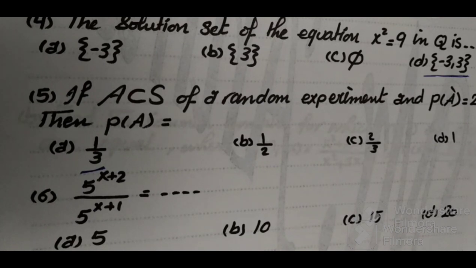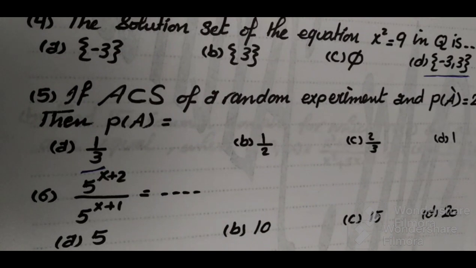The last one. 5 power x plus 2 over 5 power x plus 1 equals. Here we divide between two equal bases, then we subtract the powers. 5 power x plus 2 minus bracket x plus 1.